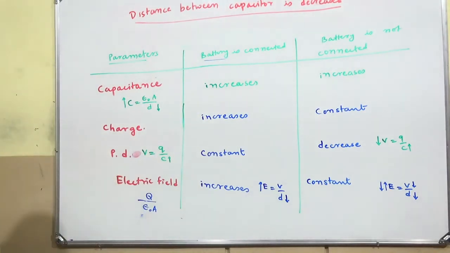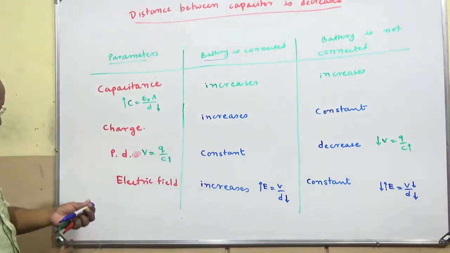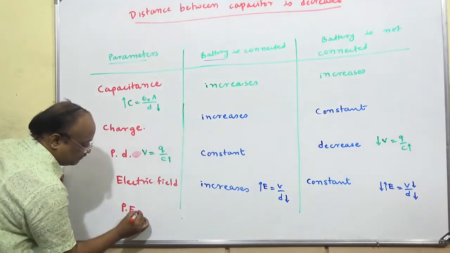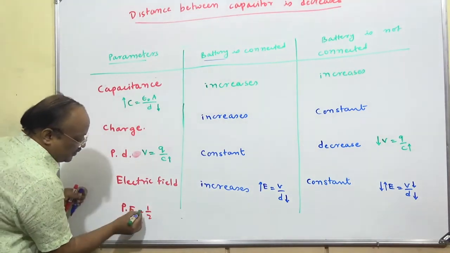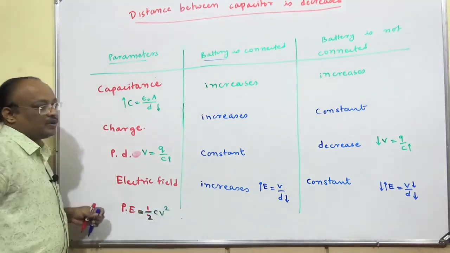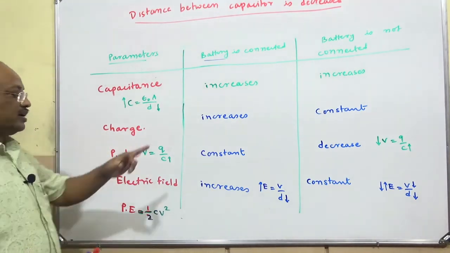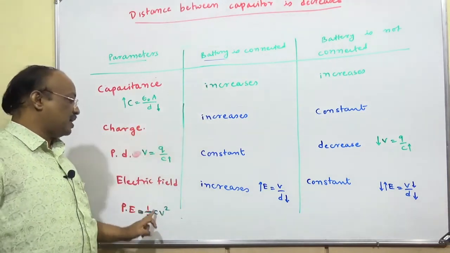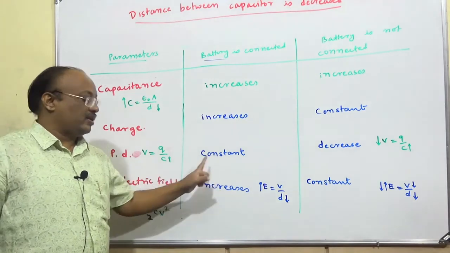Then lastly, potential energy, 1 by 2 CV square. So what happens here? Capacitance is increasing. Potential remains constant.